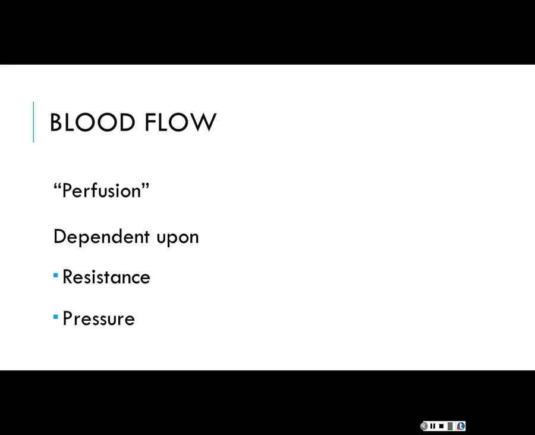There's a direct relationship between the pressure gradient and the flow of blood into a particular organ. Again, if we want to see if blood's going to an organ, we've got to look at whether there's any resistance to the flow of blood and the level of the gradients.